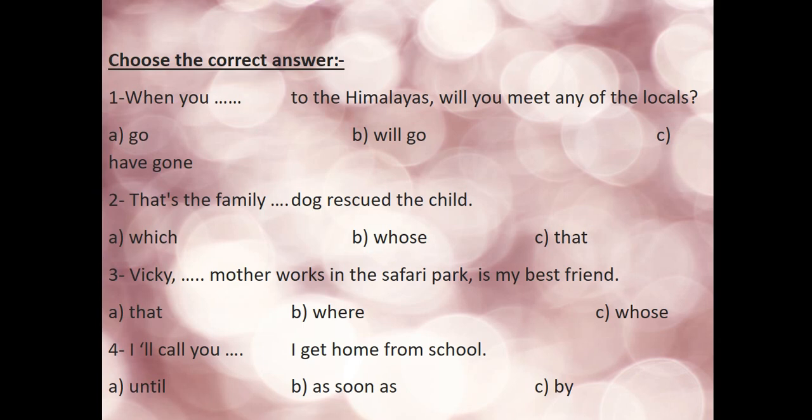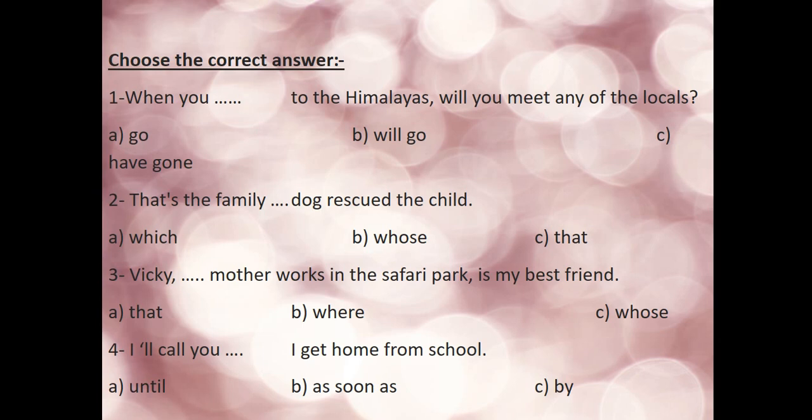Number 2: the family dog rescued the child. That's the family's dog. So I'm talking here about the owner of the dog. So I will use which or whose or that. That's the family whose dog rescued the child.